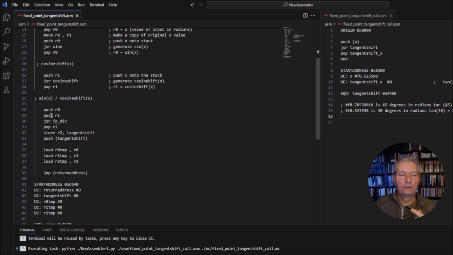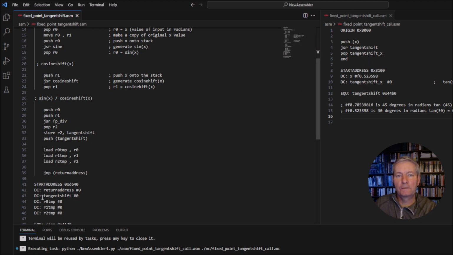So we push the two values in, we go through the division algorithm, and then we pop out the answer. And then we store the answer in tangent shift, and we push that tangent shift onto the stack. Once it's on the stack, we then return to the subroutine and we are able to pop that answer back off into the memory location here, tangent shift underscore x. And that's the end of the code.